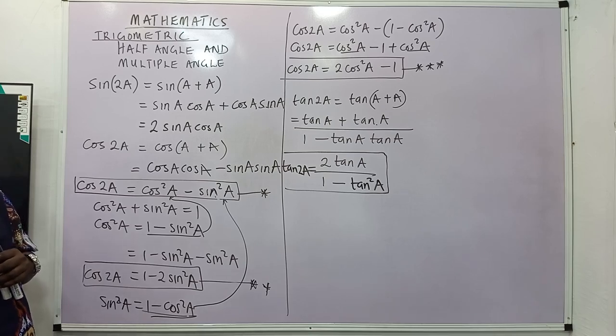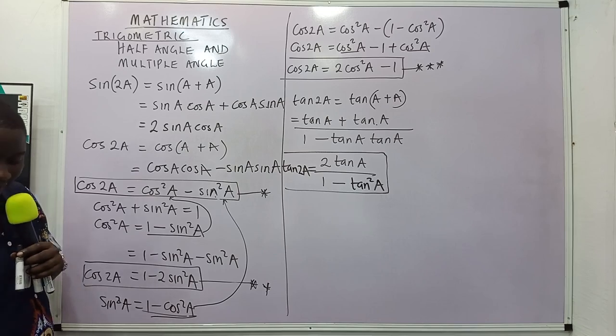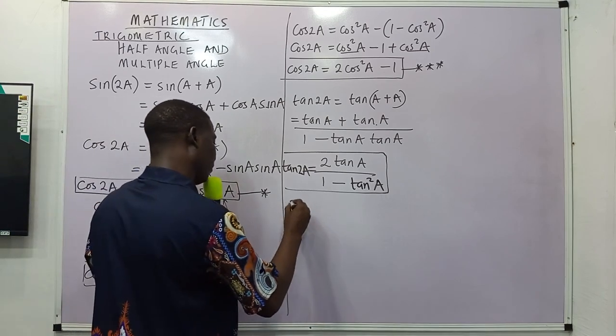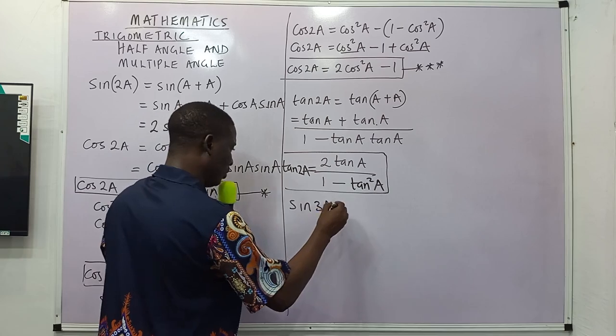The question is, if we want to give you a higher angle, maybe like sine 3A, what will it be like? Let's say we are asked to simplify sine 3A.